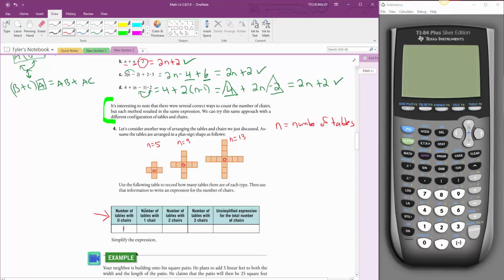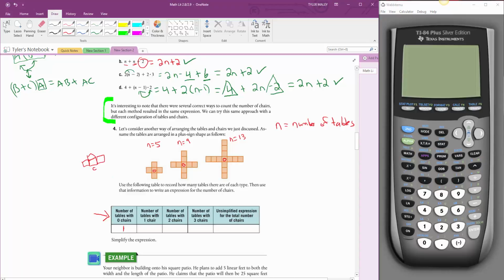And now we're looking at how many tables can have one chair. In order for a table to have one chair, there would only be one side to put a chair. So here I can put a chair, but this is blocked here and here and here. The other three sides would have to be blocked.